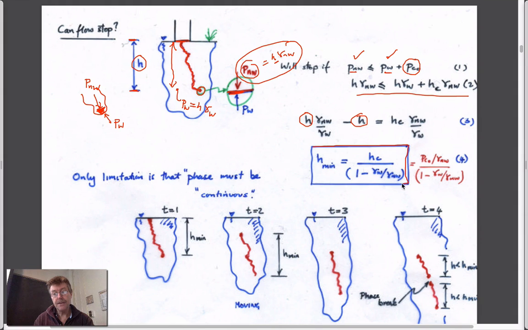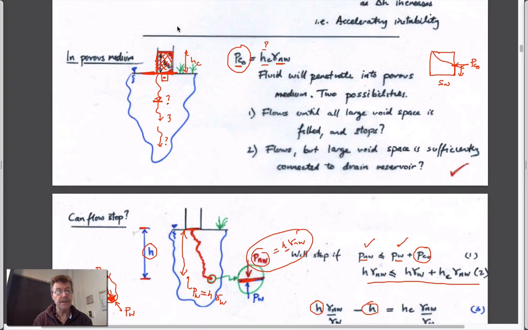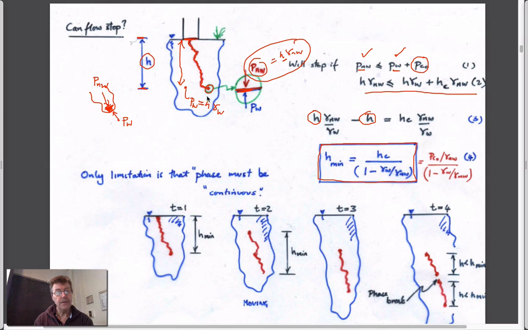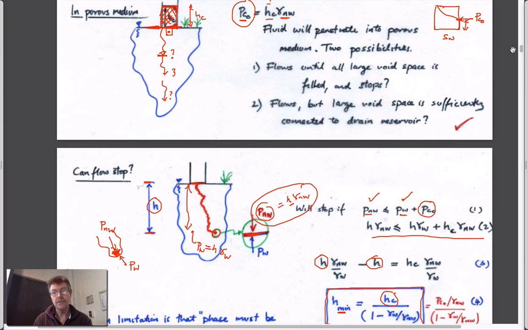And this expression basically says that once it's in the porous medium, not sitting on the surface as in the previous case, then it will keep on advancing so long as this criterion is met. So as long as the height is bigger than this amount, this is a material property, right? This is actually the bubbling pressure, or equivalent to the bubbling pressure.